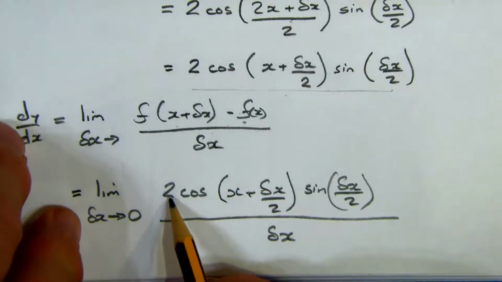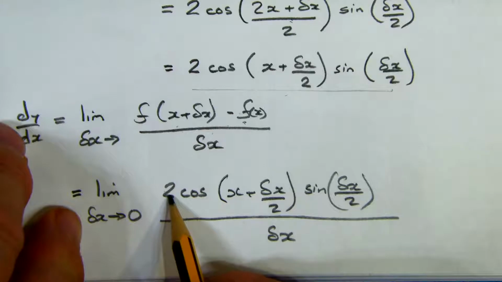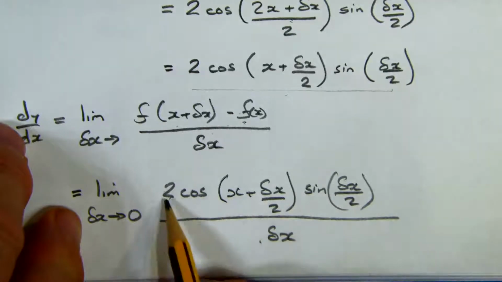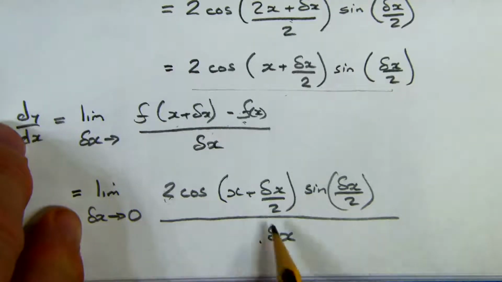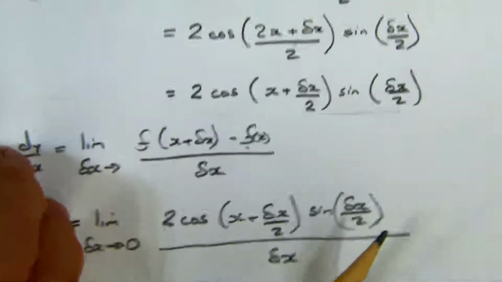What I'm going to do is now divide by 2. Rather than multiply this by 2, I'm actually going to divide this by 2.